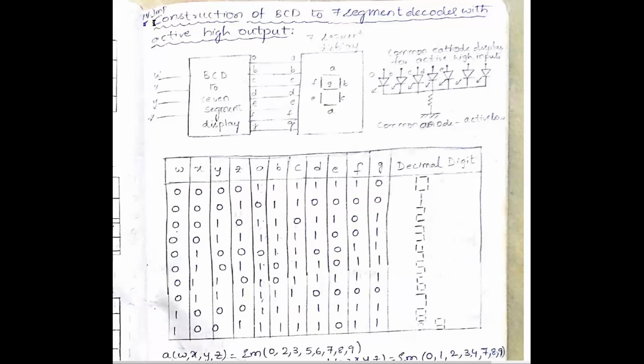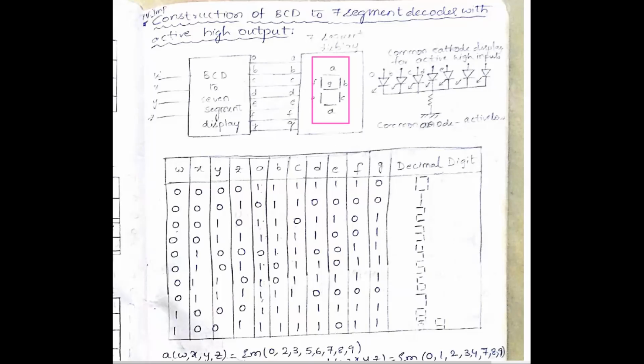A 7-segment display can be in your calculators or in your display devices. We will have a display like this one. Whatever display I am showing here, this is called a 7-segment display. In this we have the segments called A, B, C, D, E and F. These are the 7 segments. How are these 7 segments arranged?